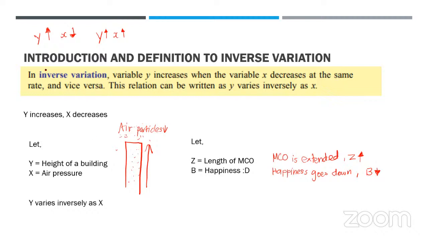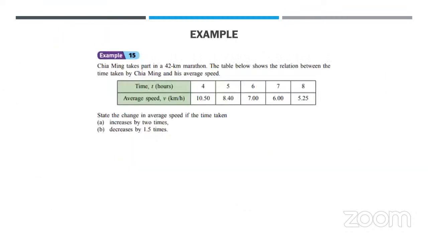As we can see from the pattern, one of these variables increases, which causes the other to decrease. So we can conclude that z varies inversely to b. Those are two examples of how you can apply inverse variation to common everyday events in your life. So let's move on to an example.